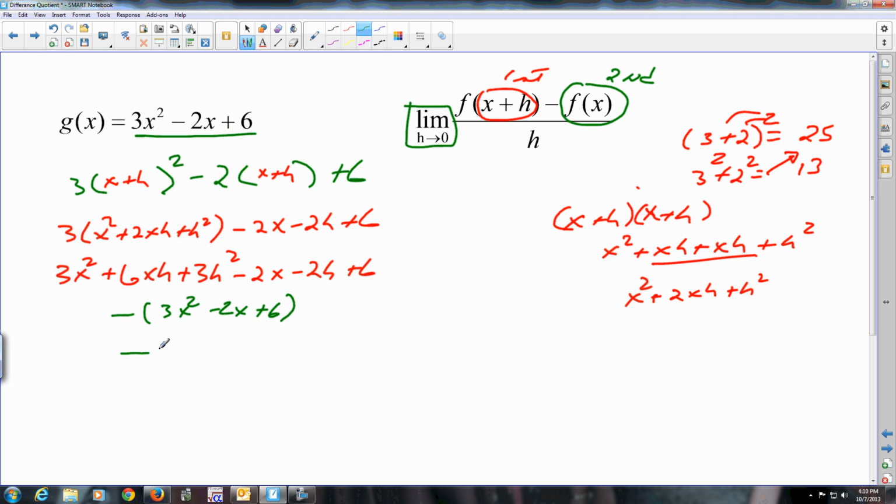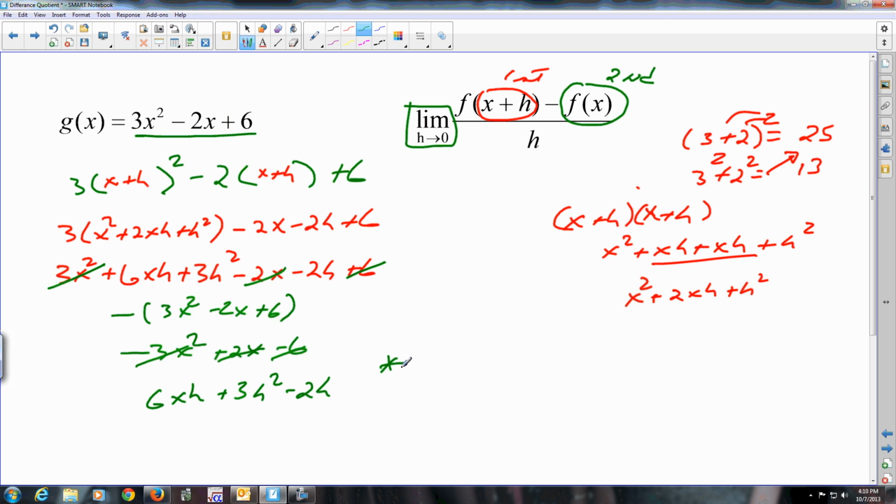In other words, you're going to subtract 3x squared plus 2x minus 6 from this equation in red. Minus 6 plus 6, 2x minus 2x, minus 3x squared plus 3x squared. So f of x plus h minus f of x is what's left: 6xh plus 3h squared minus 2h.